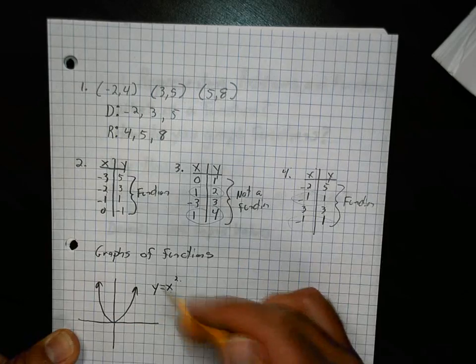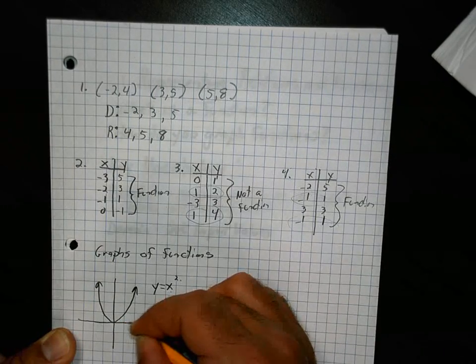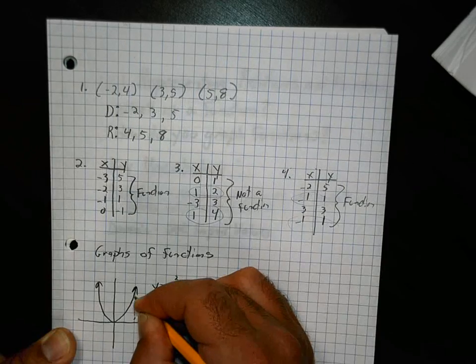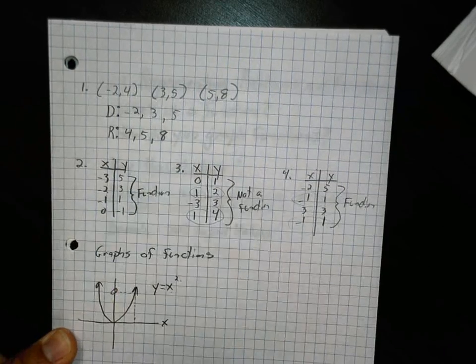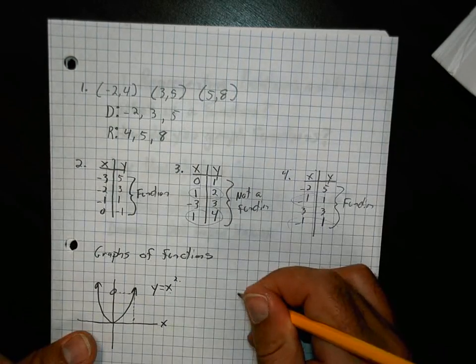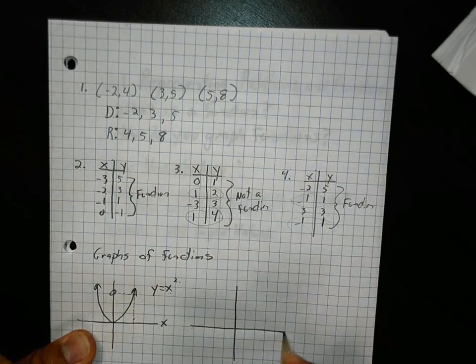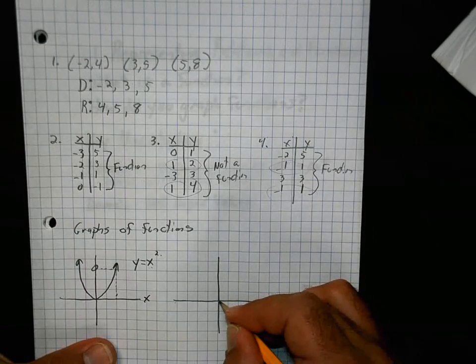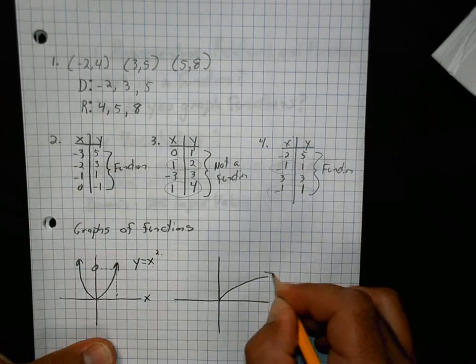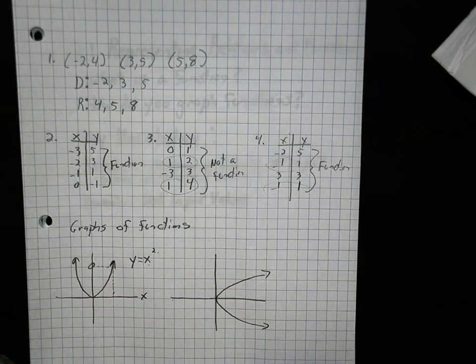If I look at any x value on the x-axis, I can come up and across to one unique y value for each x value. So this is a function. Now, that is opposed to a graph that may look like this, or something like this, kind of like a sideways parabola.